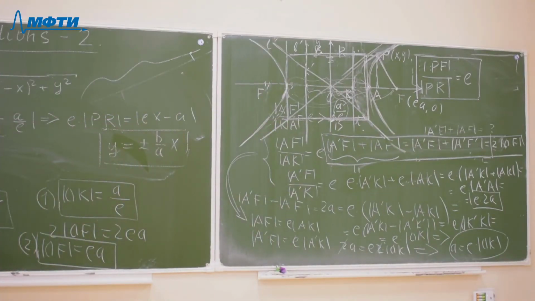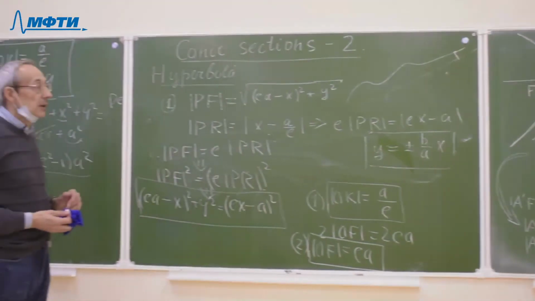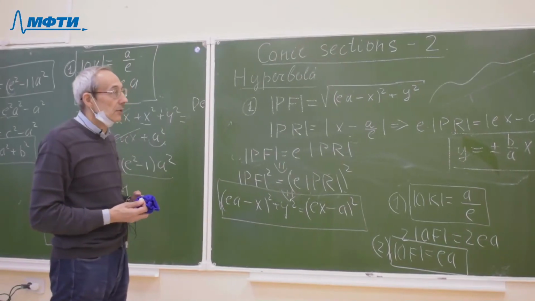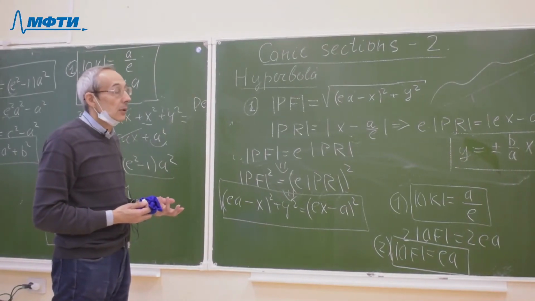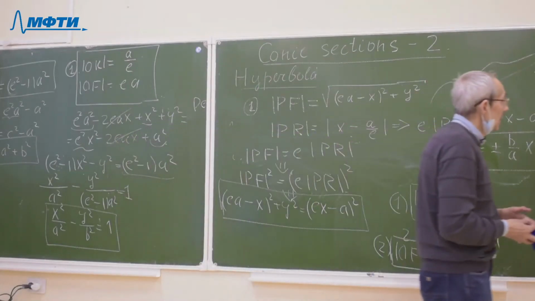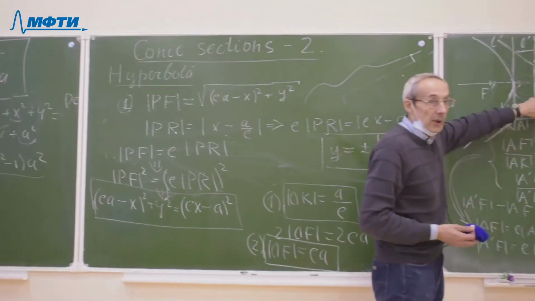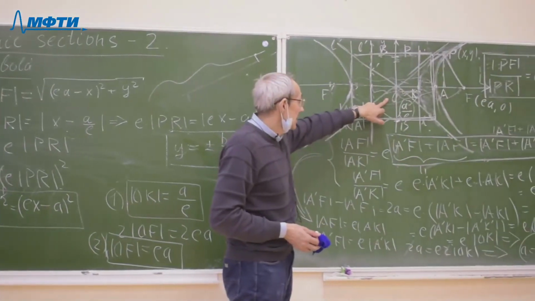But first of all, we prove the theorem which gives the other definition of our hyperbola. We introduce the point f prime, which is the symmetric point of f onto the origin of our coordinate system.